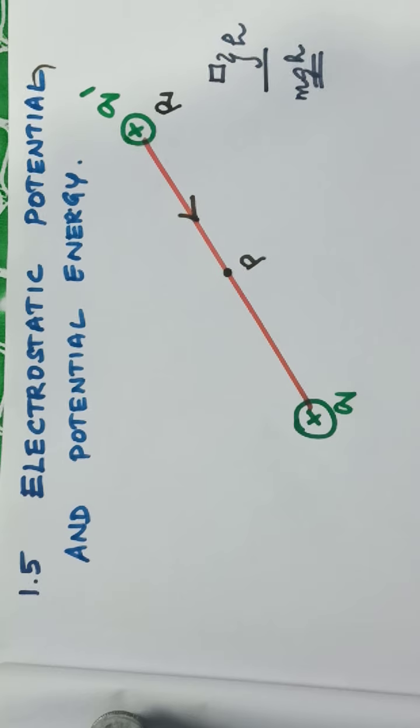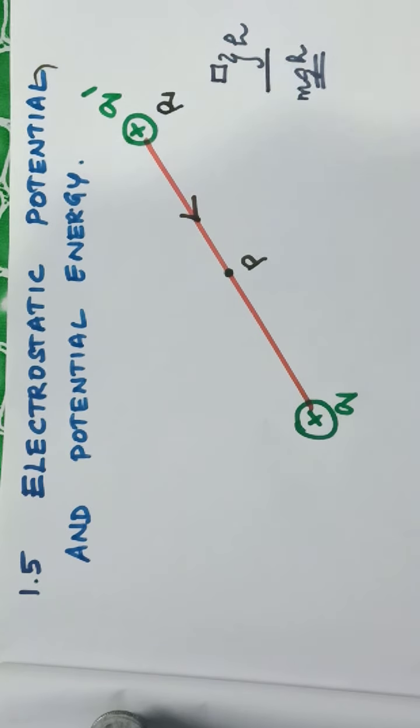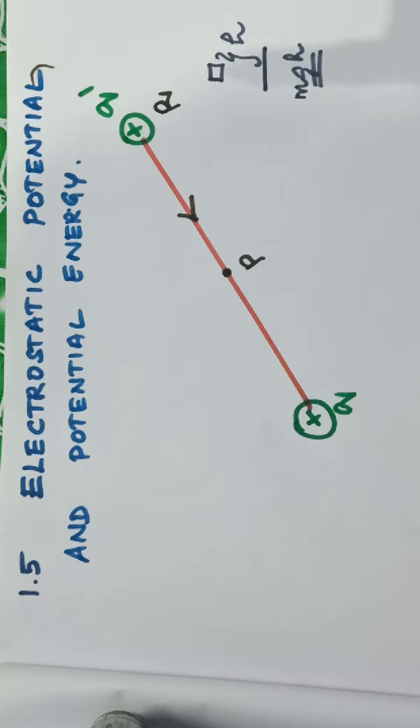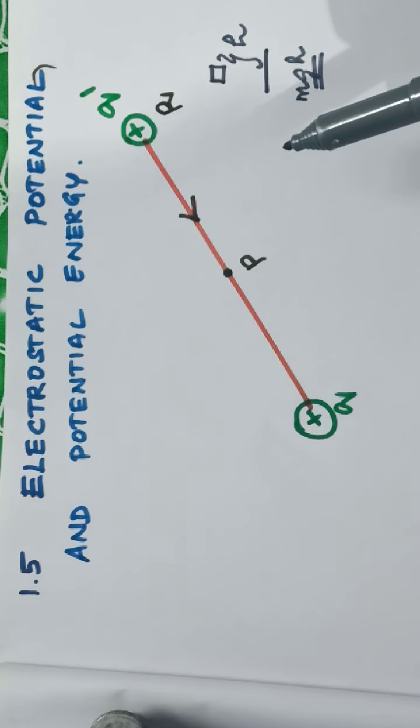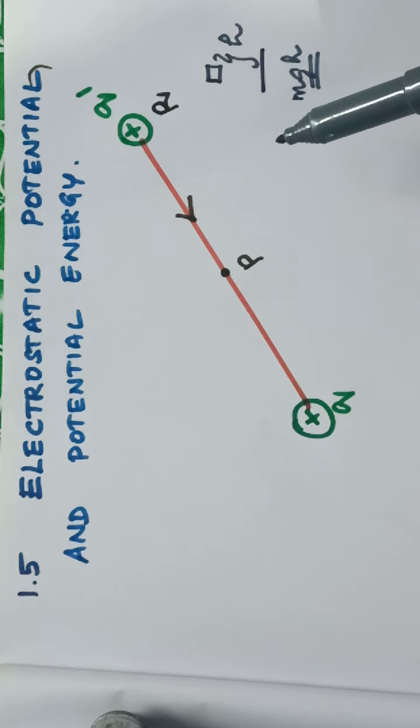One charge in one position gets energy, which is called electric potential energy. The electric potential energy for 1 coulomb of charge is called electric potential. What is electric potential?